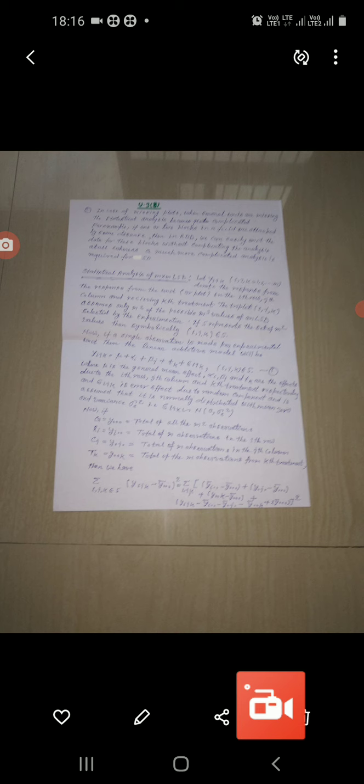You can obtain this as we did in the analysis of variance of two-way classification.